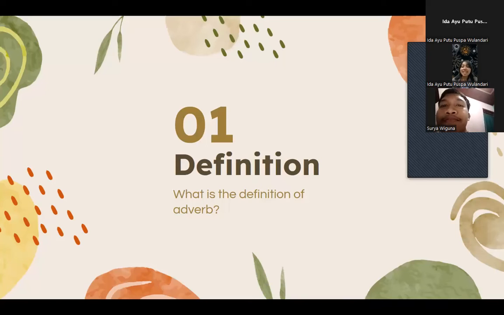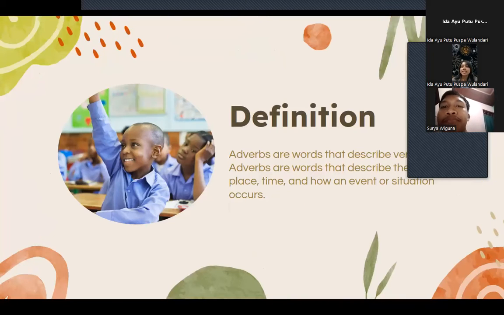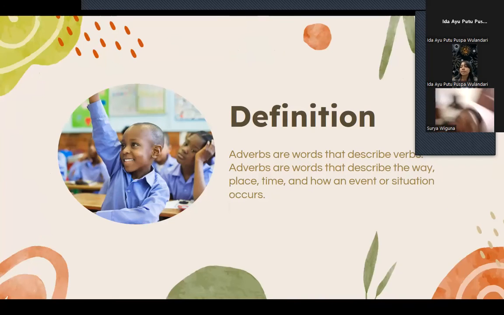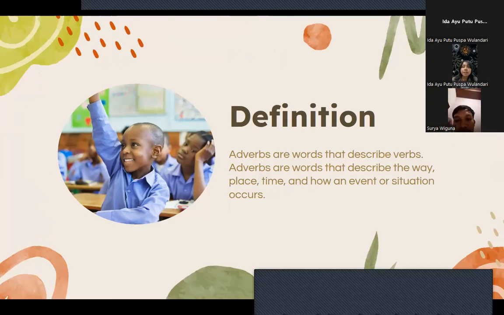All right, that's right. So this is the definition of the adverbs, and you can see on the slide. Adverbs are the words that describe the verbs, and adverbs also are the words that describe the way, place, time, and how an event or situation occurs.